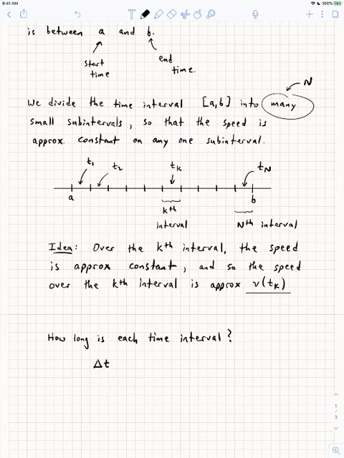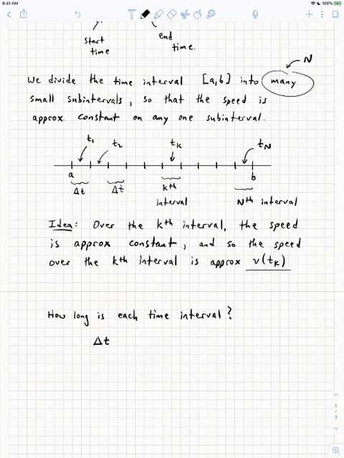Whenever you see delta in a calculus class, it usually means a small change. So each one of these has the same length, the same duration, delta t. So there are n of them. The total length of time to go from A to B is B minus A. And there are n of these subintervals, so each one is a length of time B minus A over n.